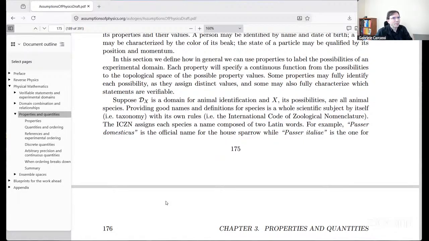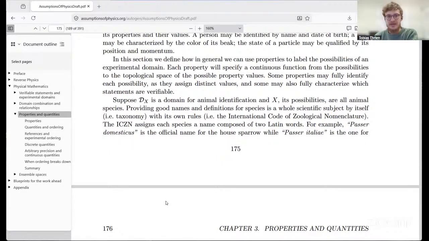So, for example, all the possible values of position and momentum are possibilities of the domain for the state of a classical system. Yeah, they are like the individual terms in the min-term kind of thing. Yes. And the topology we're usually talking about is the topology on all statements? The topology is the topology on a set of possibilities.